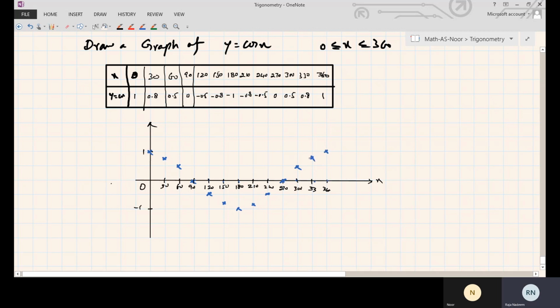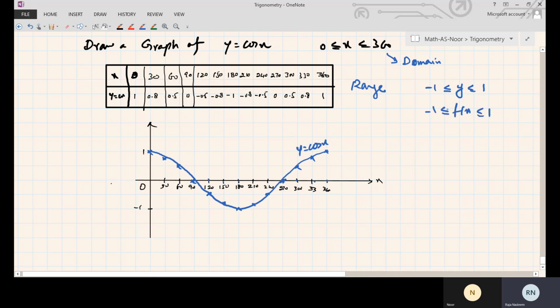So when you draw a smooth curve which passes through all the points, then you'll get the shape of y is equal to cos of x. The same concept: the domain value, and if we find the range, we would see that y or f of x would lie between 1 and minus 1.